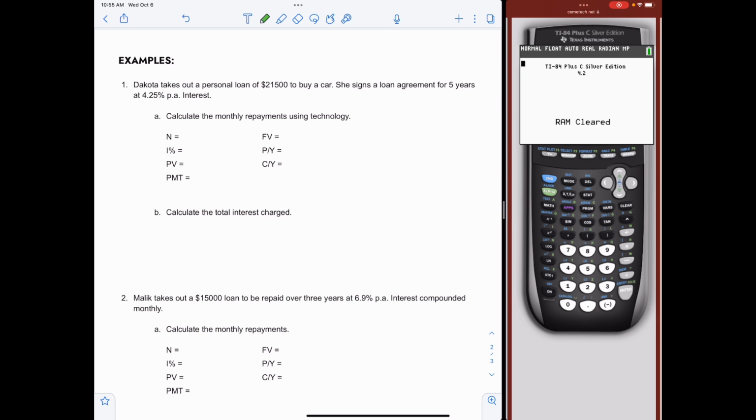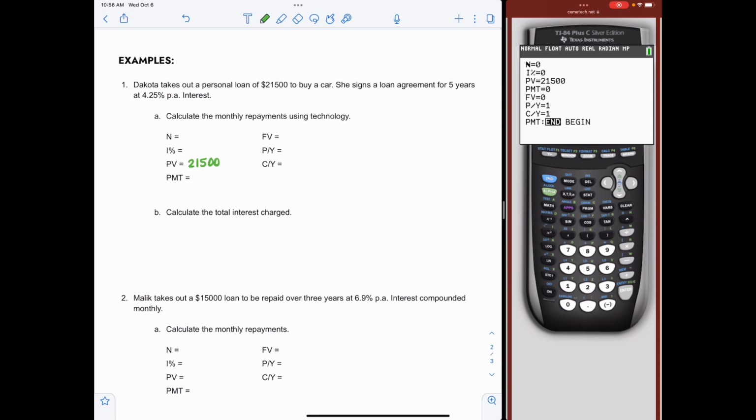So we're going to put that PV is $21,500. So that is our PV. And I'm going to go ahead and go to the TVM Solver and type that in there too. All right. Next, it says she signs a loan agreement for 5 years.